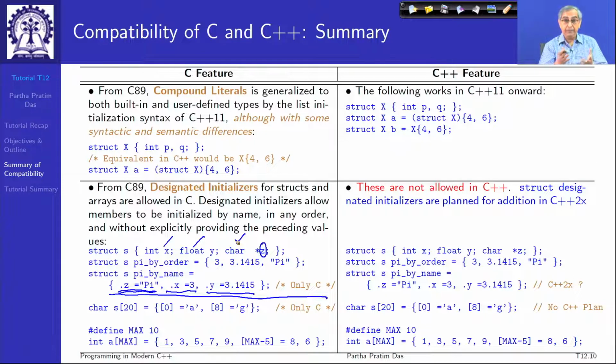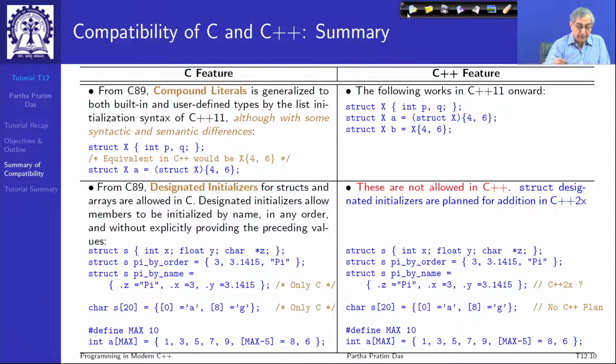So, this is by name, and the advantage is that I can skip initializing some of the components, which here I cannot, because I cannot skip initializing y when I have to specify z after that. Similar thing can be done for arrays as well. I can initialize some elements of the array directly, which is not possible in initialization by position, because I have to go from 0 onwards.